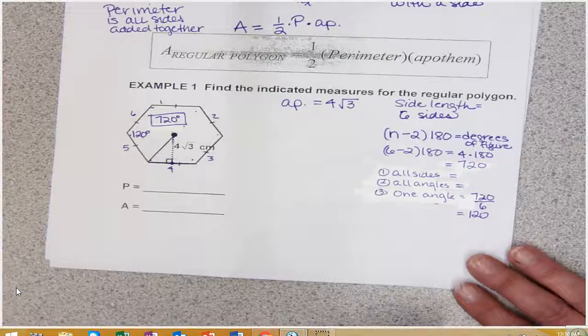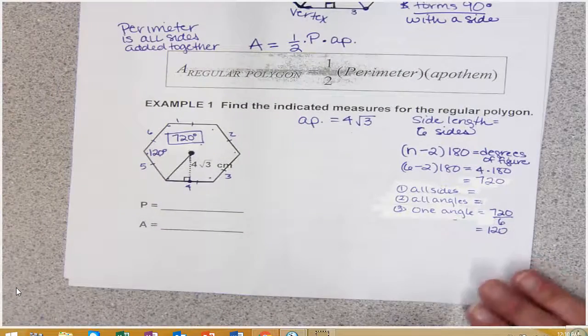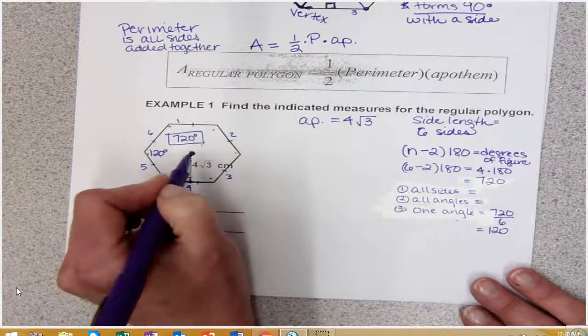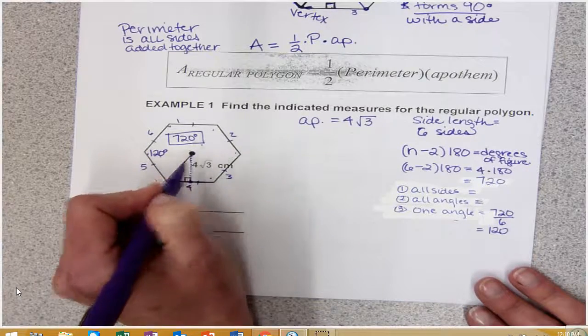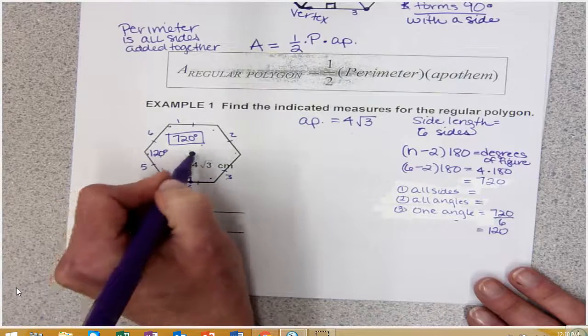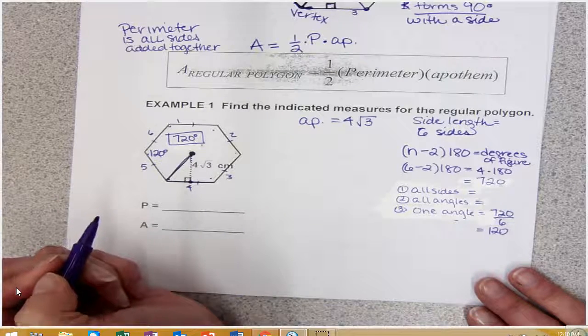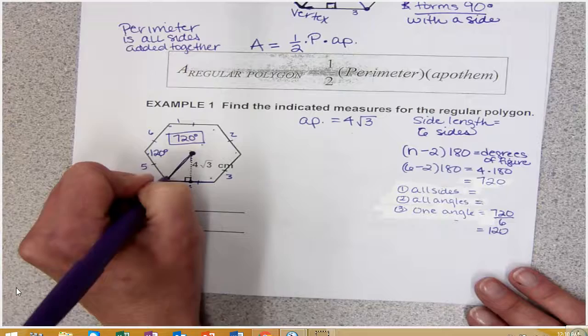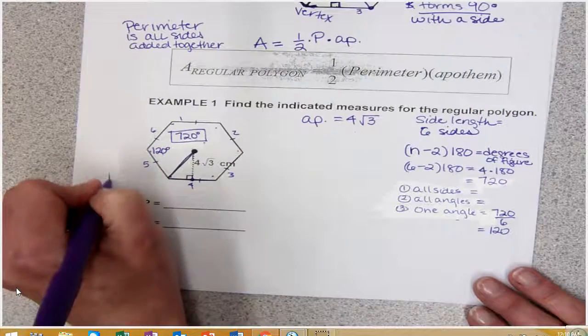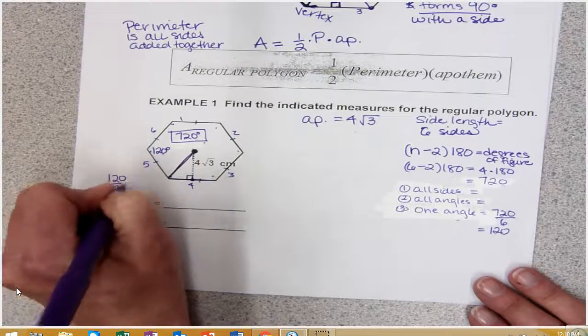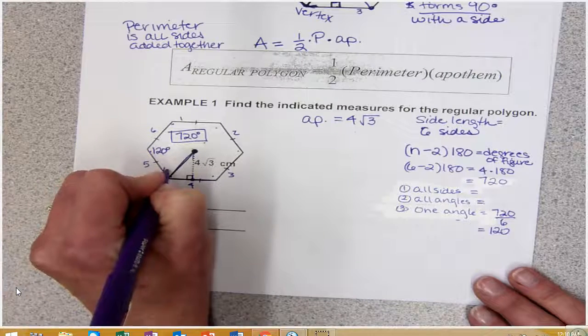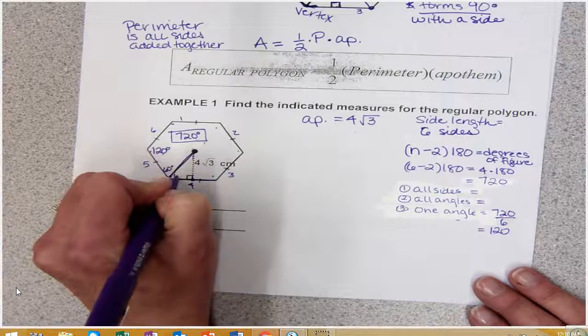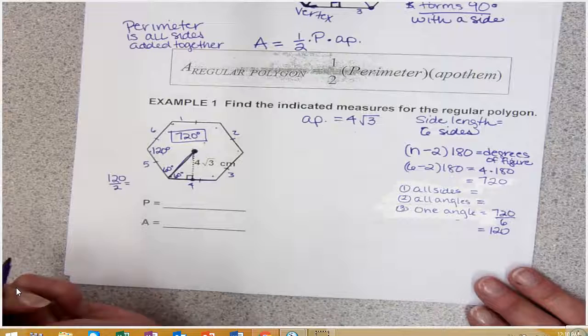However, what is kind of interesting is since this is the center, this is going to bisect the angle, which means that it cuts it in half. So if 120 is cut in half, then this is going to be 60, this will be 60.